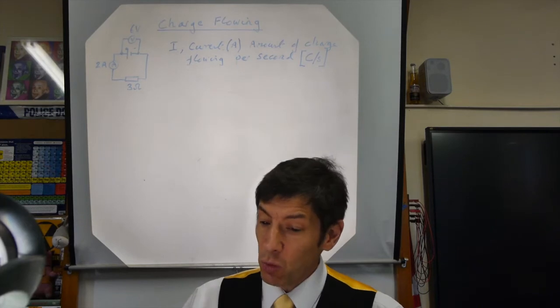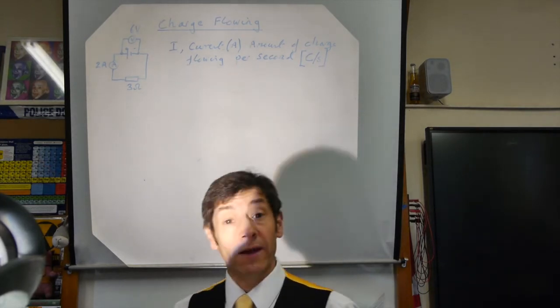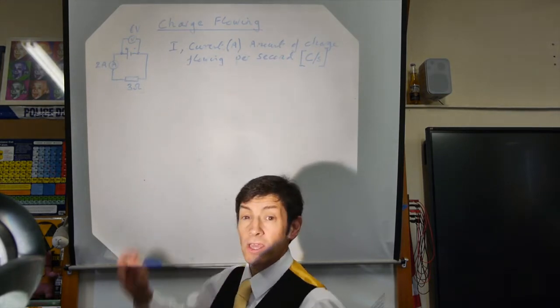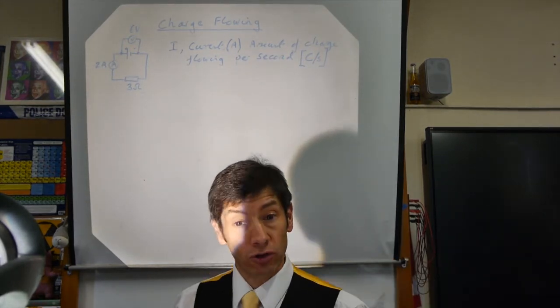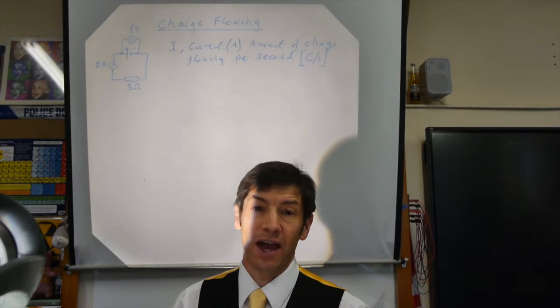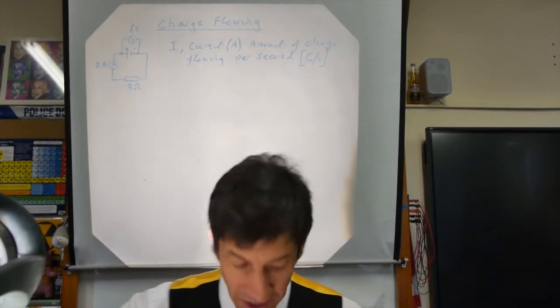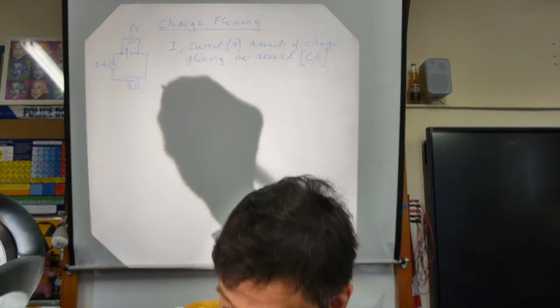Okay, so what we need to be able to do is to work out how much charge flows through a place in the circuit in total if we leave it on for, say, 2 minutes or something. So let's have a look now at a bit of a question.